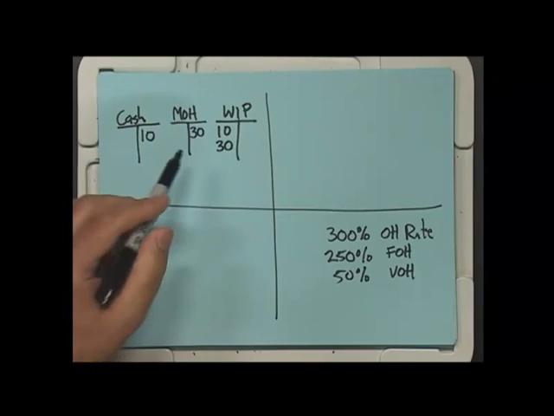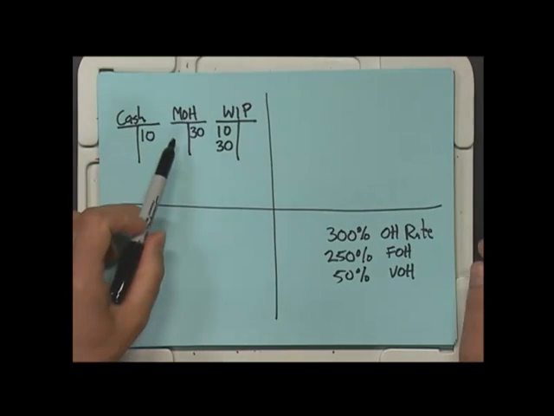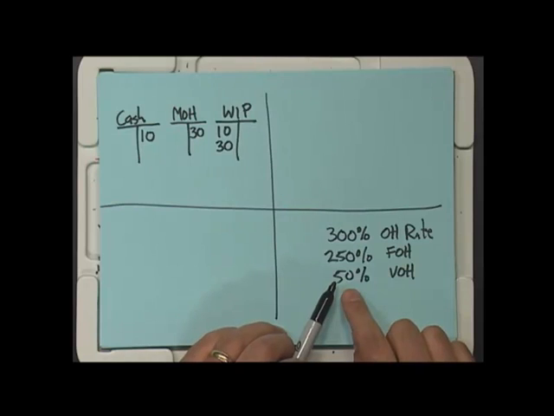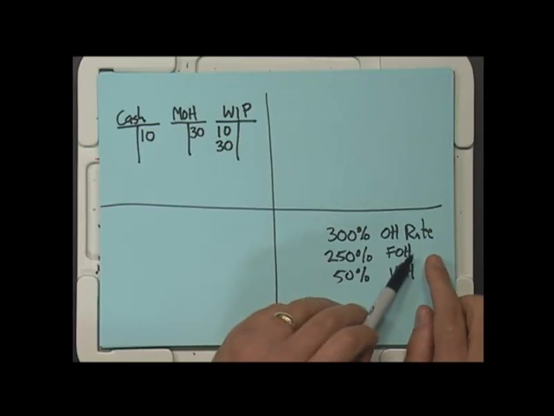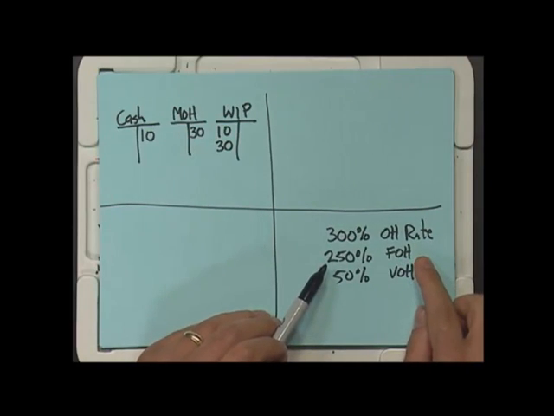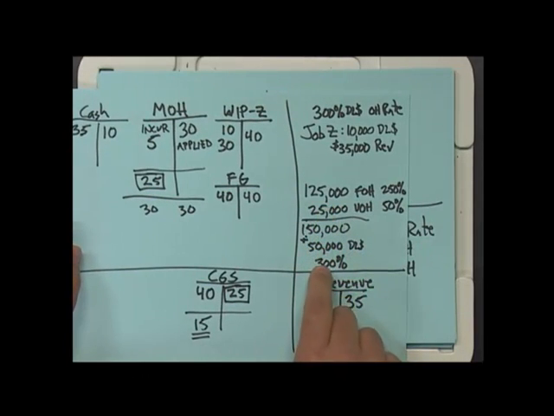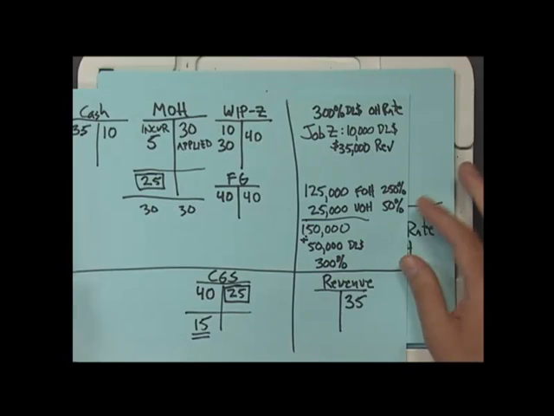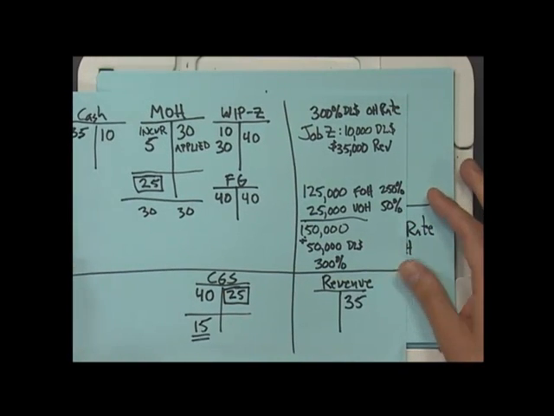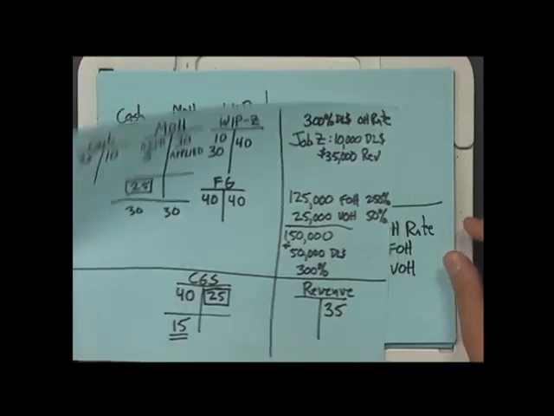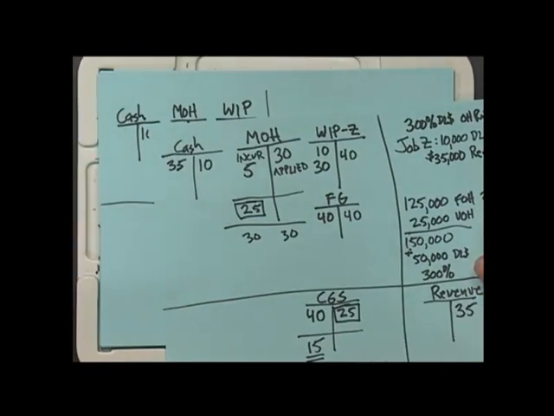Almost done. The last thing we need to do is recognize that we are incurring overhead as well. Remember that the 250% fixed overhead rate is really just a fiction. It's the $125,000 of total overhead that we thought we would have, spread out over 50,000 direct labor dollars. That only works for application.